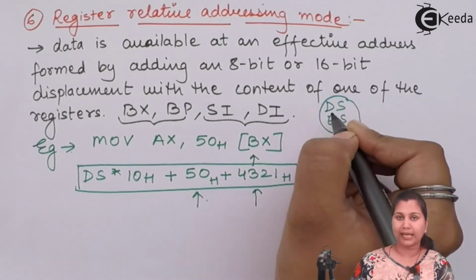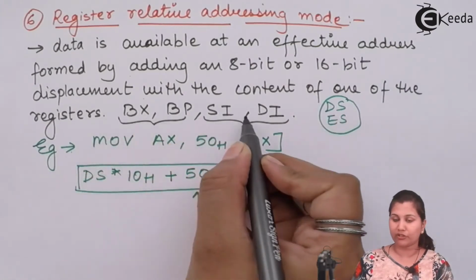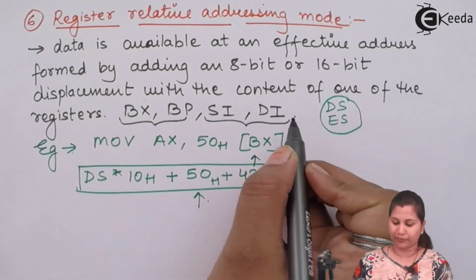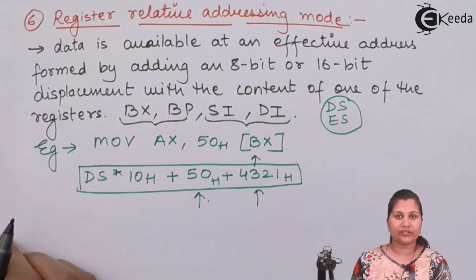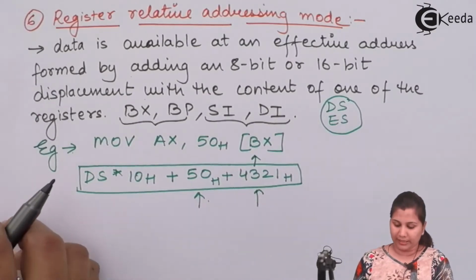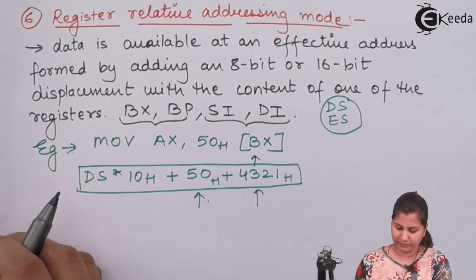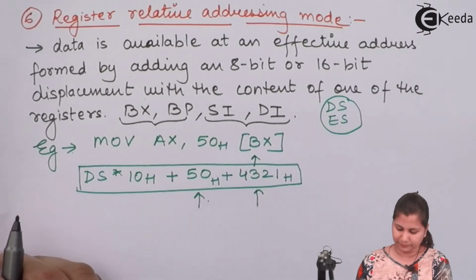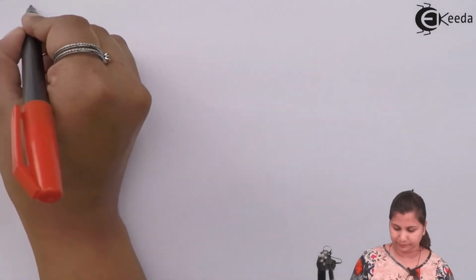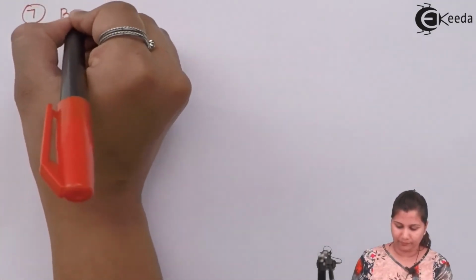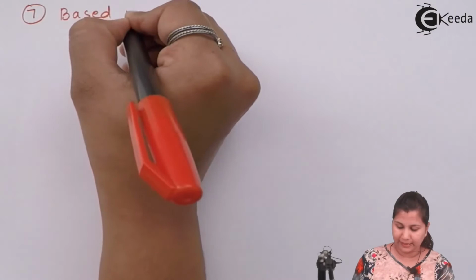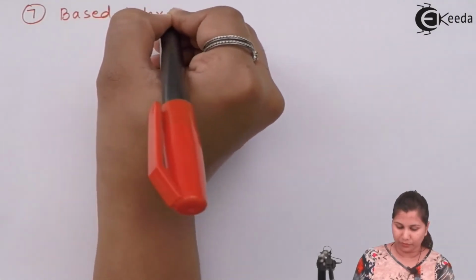Both these segments can be used depending upon which register is used here. So this is the register relative addressing mode. Next we have based indexed addressing mode.